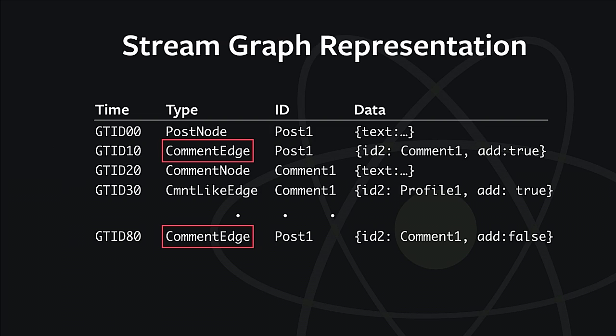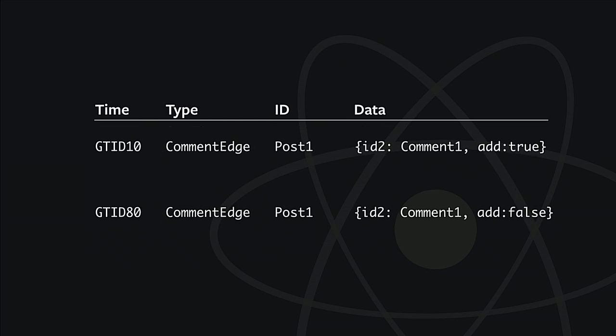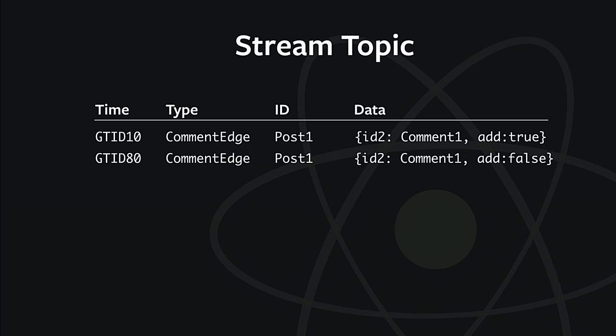I found it was a little easier to think about the different things that can appear in the stream one at a time. So let's take just the comment edges in this stream and isolate those and call this a topic. And I call it a topic because it's similar to an Apache Kafka topic or any of these log-based append systems that we're starting to see first used for data analytics, and I think we'll start to see them in production too.